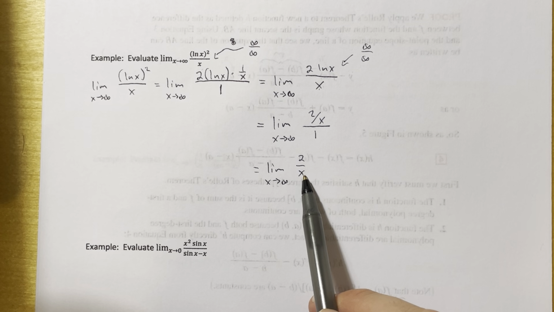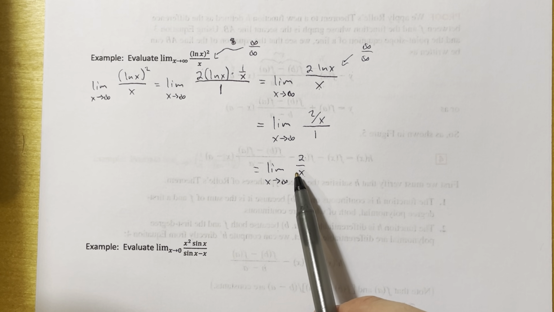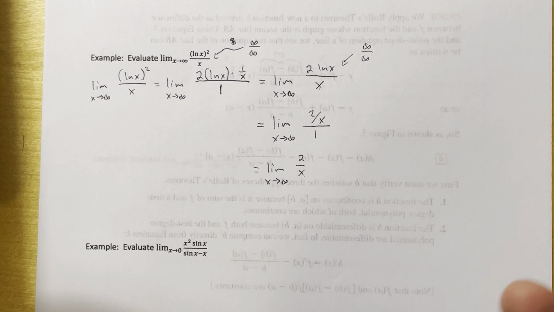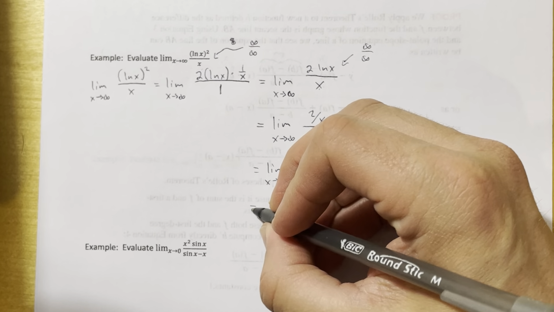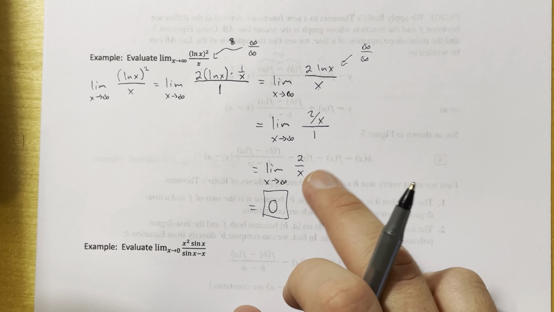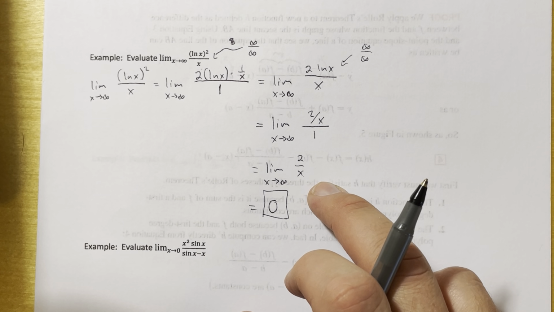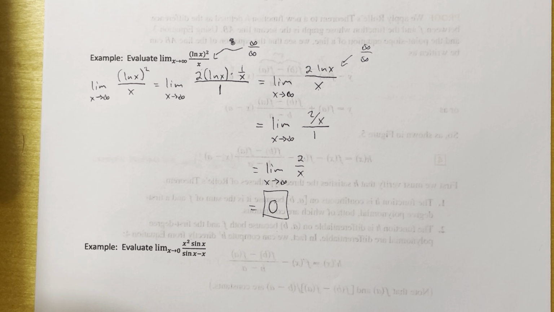But as x goes to infinity, notice my numerator is constant. This is no longer an indeterminate form, but I can evaluate this directly. This is equal to 0. We've dealt with lots of limits of this type. The denominator grows very, very big, while the numerator stays at 2, and so this is shrinking down. It's getting smaller, approaching 0.